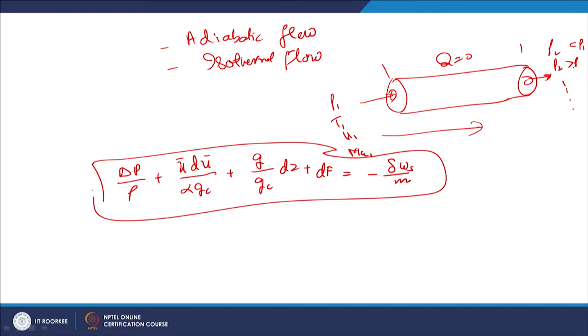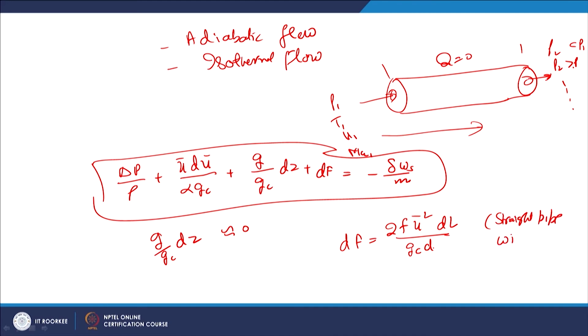Now, the following assumption, that is g/gc dz, is valid for this particular case. So, assuming the straight pipe without any valve or fitting, although this is purely an assumption, we will have df equal to 2f ū² dl/gc D. This is for the straight pipe without any valve or fitting and no mechanical leakage.